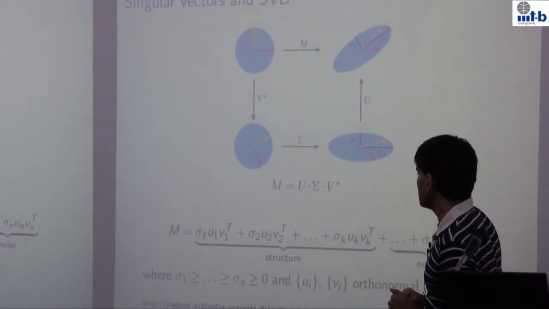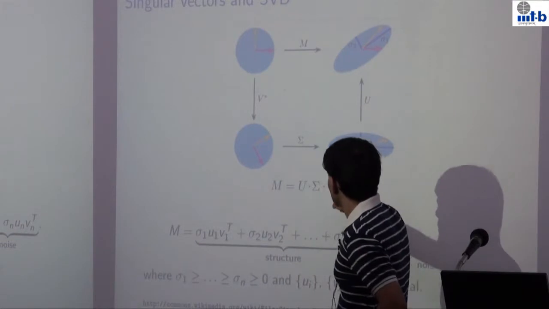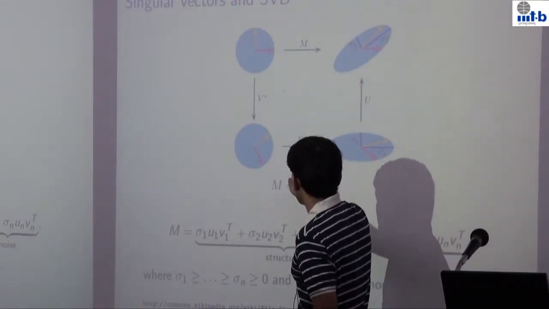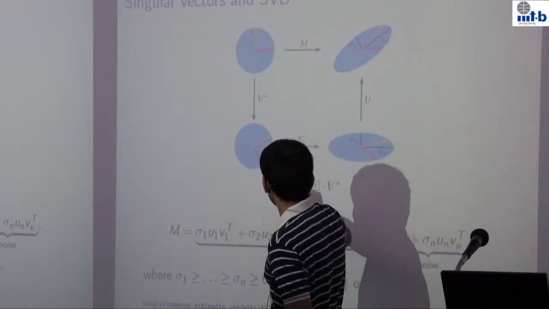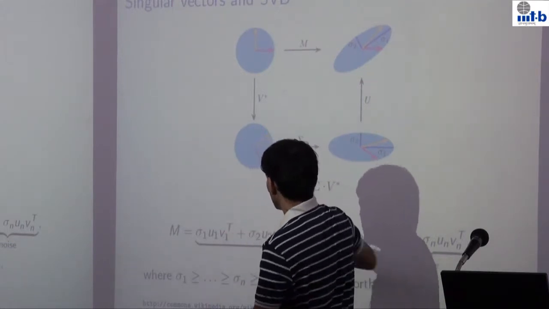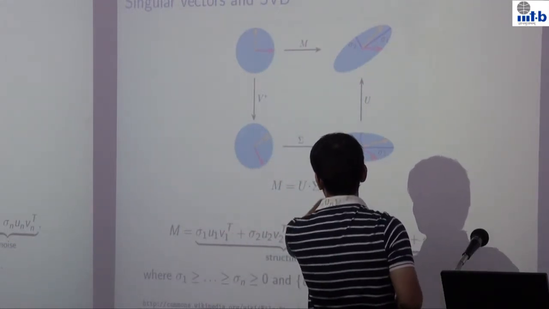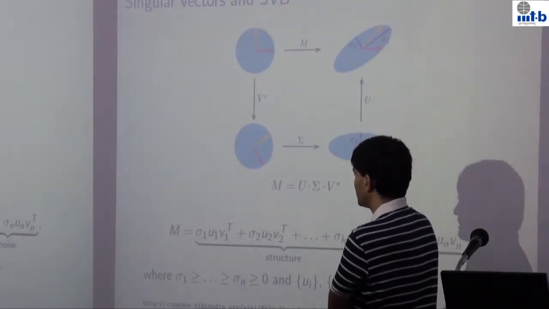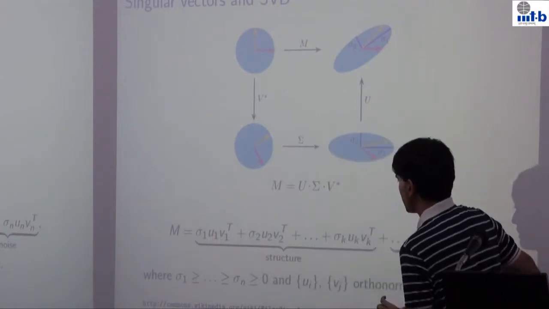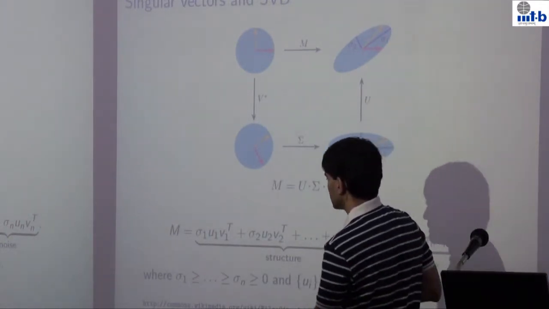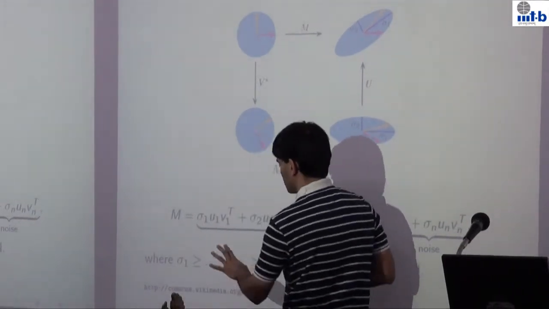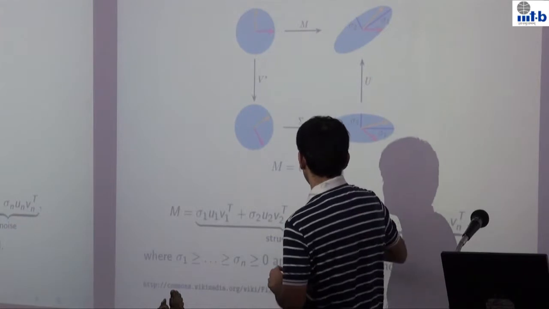Linear algebraically, when you rewrite this whole thing, these orthogonal transformations have the u_i's as the columns of U and the v_i's as the columns of V. Then you can write M as a sum of multiple rank 1 matrices, where each matrix is given by some vector u1 times v1 transpose, then u2 times v2 transpose, and so on.